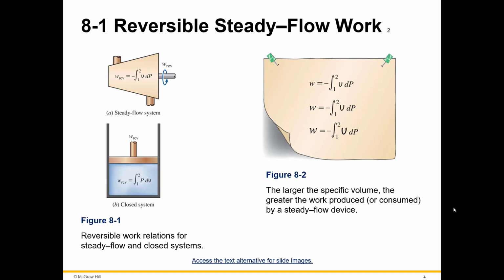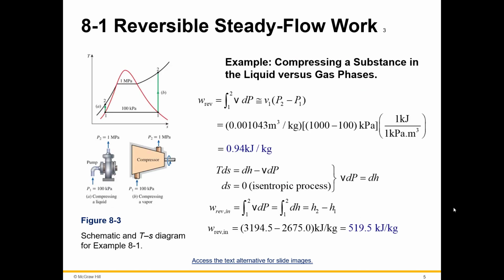If you have a very small waterfall and you're trying to propel a water mill, you're going to have very little work produced. If you had a huge waterfall with an enormous water mill, we're going to have way more work produced, right? So the larger the specific volume, the greater the work produced or consumed, depending on what you're looking at, by a steady flow device.